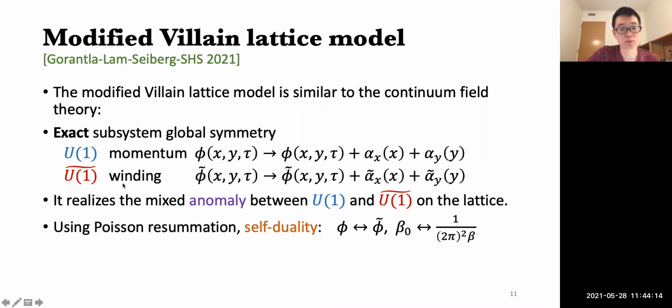And similarly, the U(1) winding symmetry acts on the Lagrange multiplier field phi tilde. It realizes a mixed 't Hooft anomaly between the two U(1) subsystem symmetries on the lattice. Again, we can use the Poisson resummation to show the exact self-duality on the lattice, which exchanges phi with phi tilde and exchanges the temporal lattice coupling with the spatial lattice coupling.